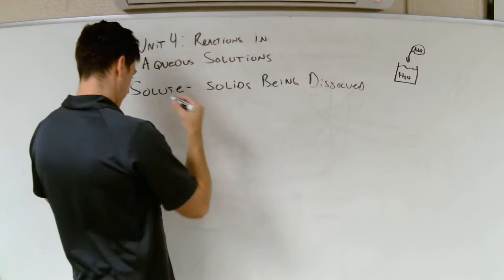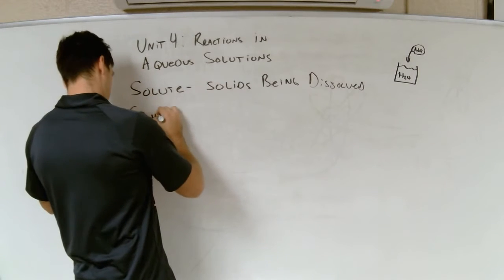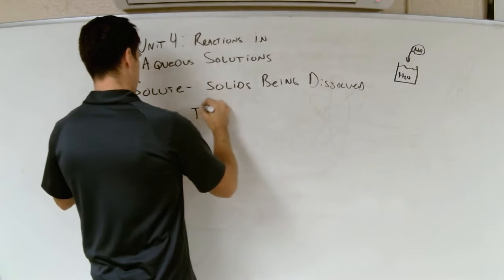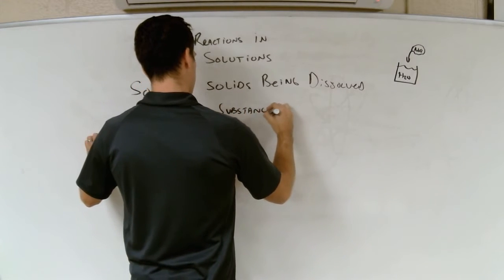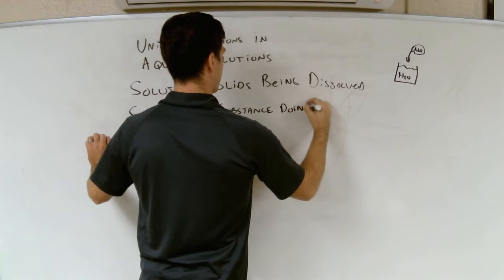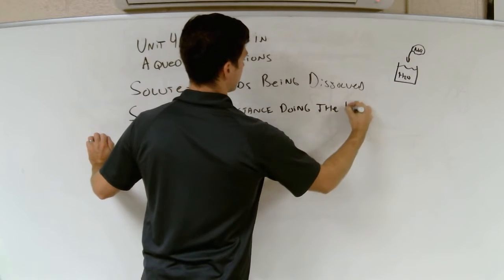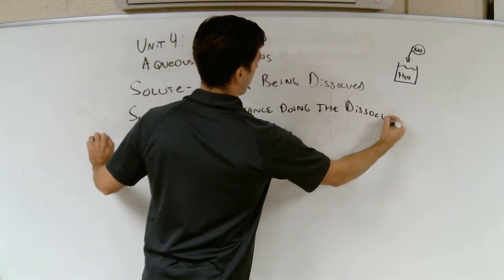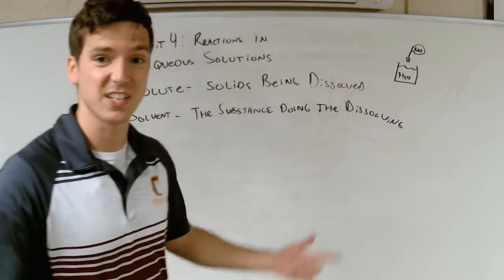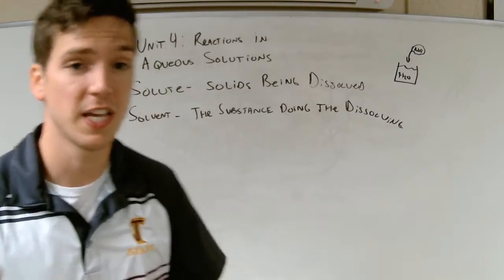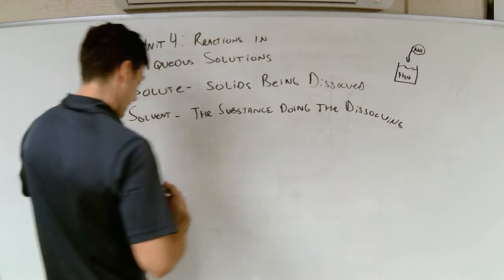And then there is solvent, which is the substance doing the dissolving, which in my example is the H2O. The H2O is dissolving that NaCl.